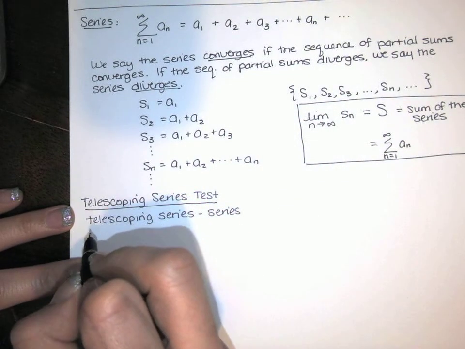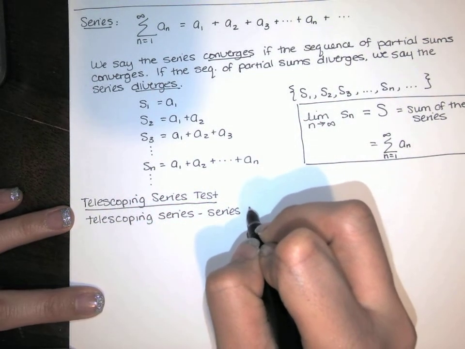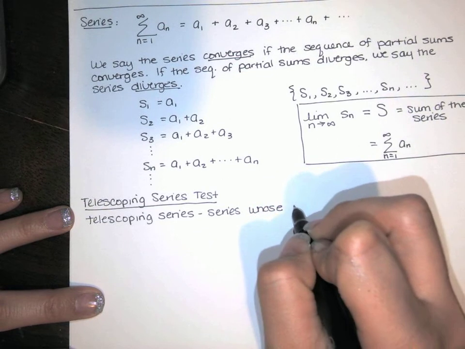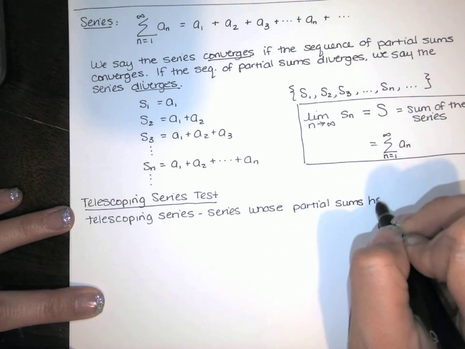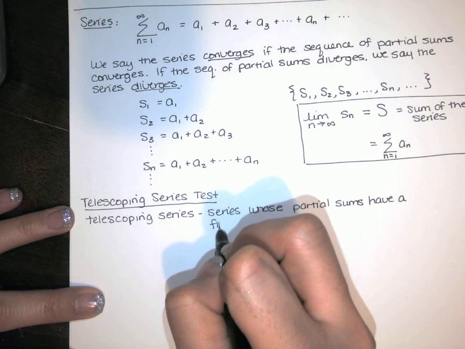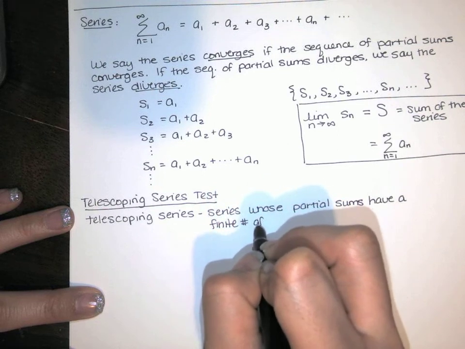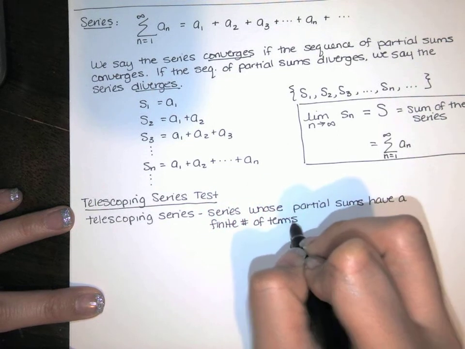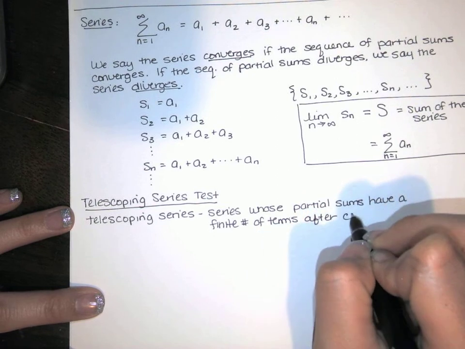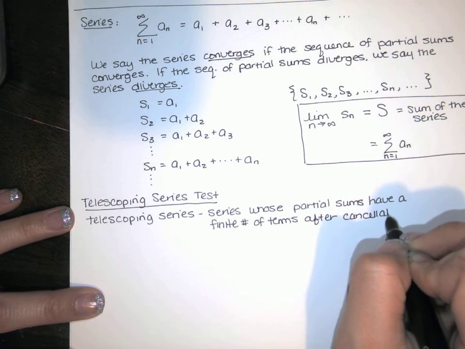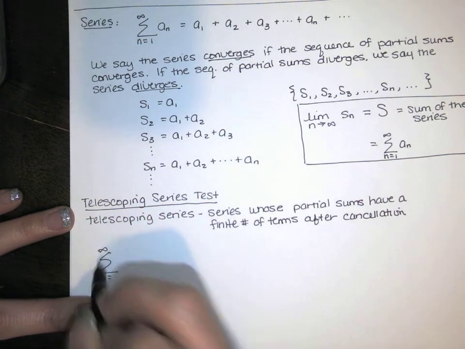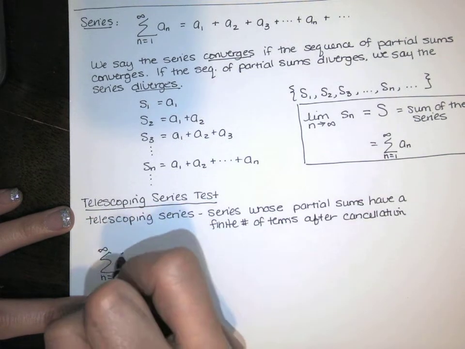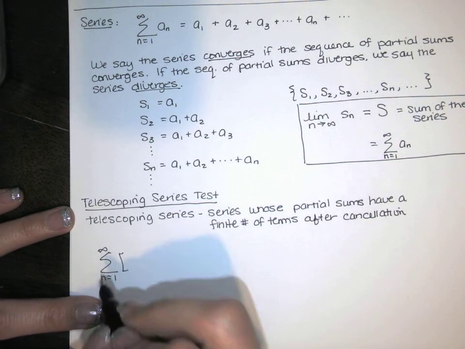So we say a series is telescoping if its partial sums have a finite number of terms after cancellation, and these are series that generally look like this. We're going to start with n equals some number and go to infinity. I'm going to just write in 1, but we could start at a different integer.